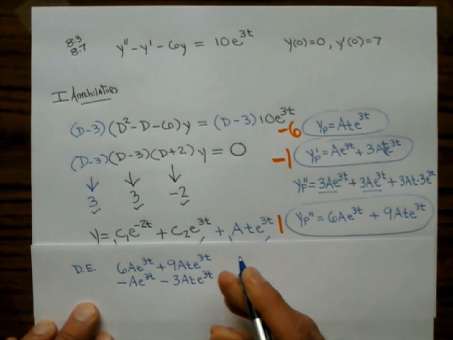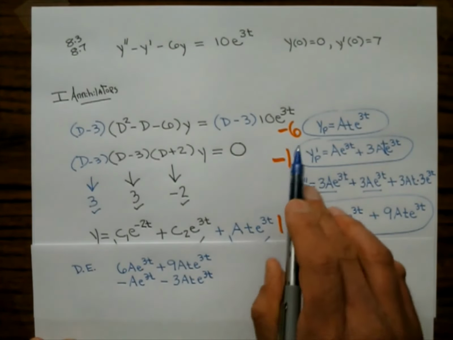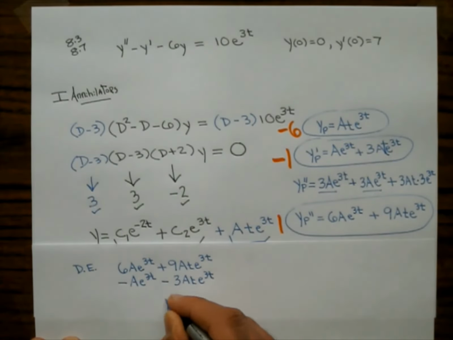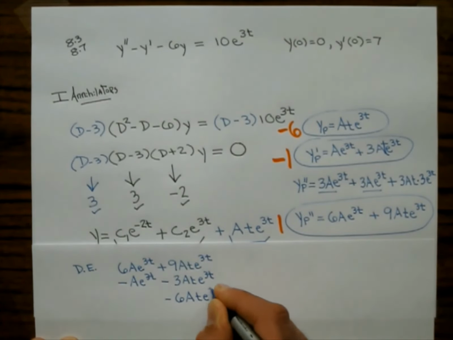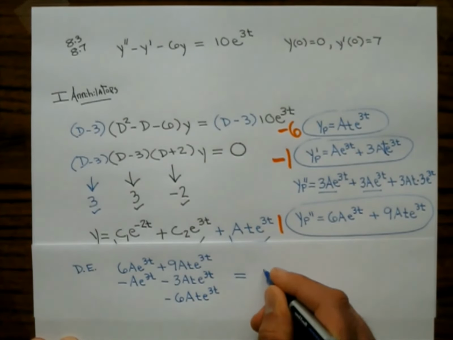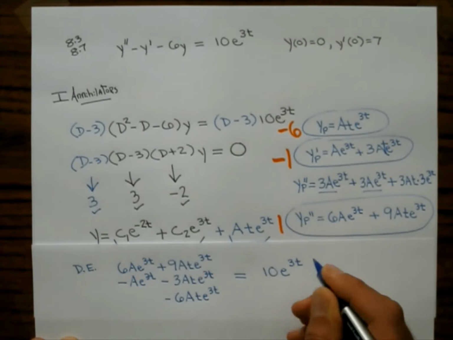I'm lining up my like terms in the columns. And then I have minus 6y, so minus 6at e to the 3t. This equals 10 e to the 3t.